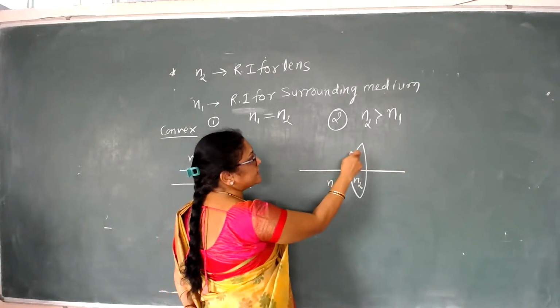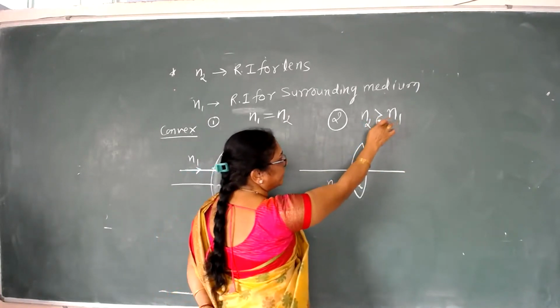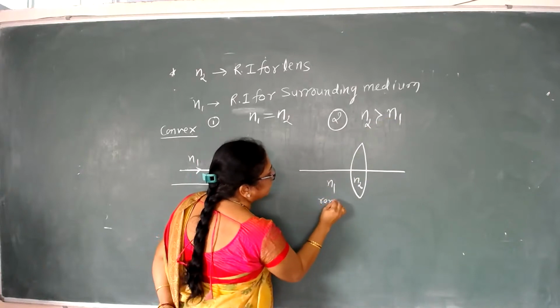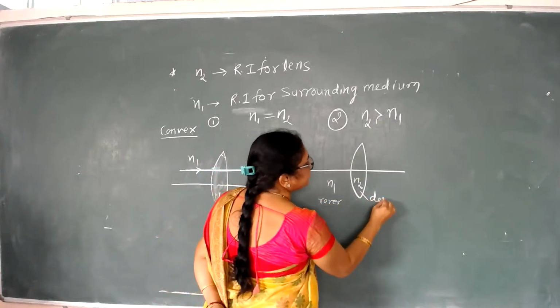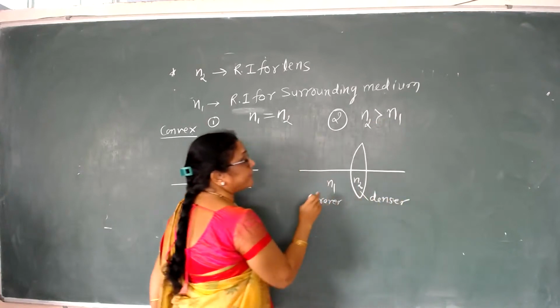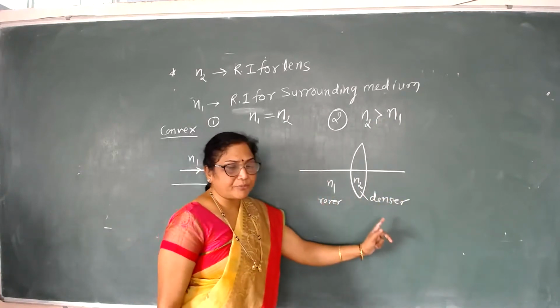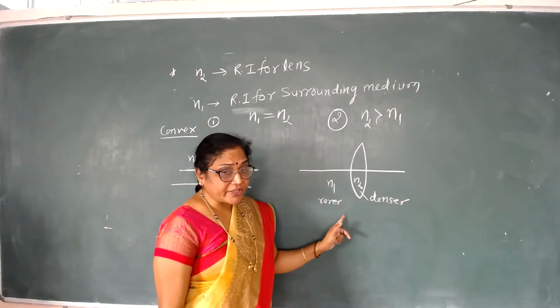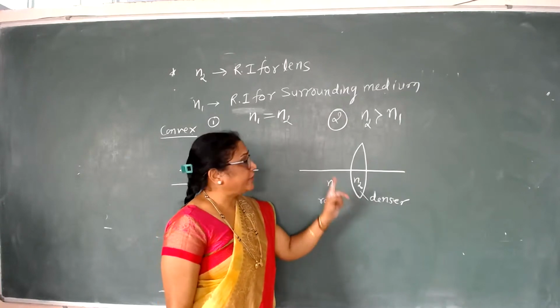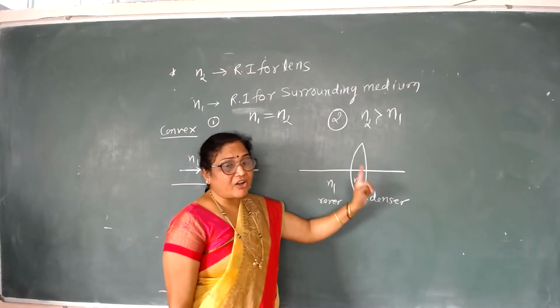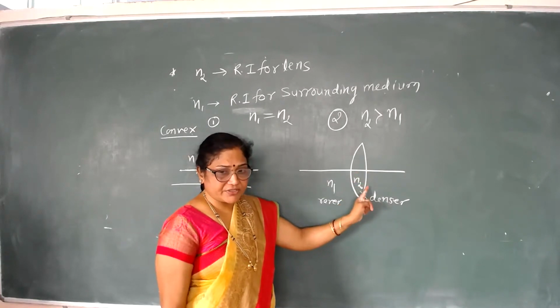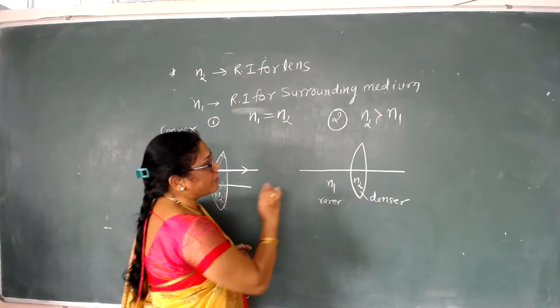Since N2 is greater than N1, the surrounding medium is rarer and the lens medium is denser. So the ray of light propagates from the rarer medium to the denser medium, and we know that when the ray of light propagates from rarer to denser, it converges.